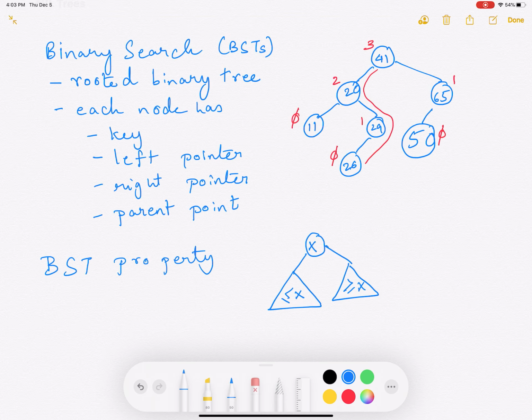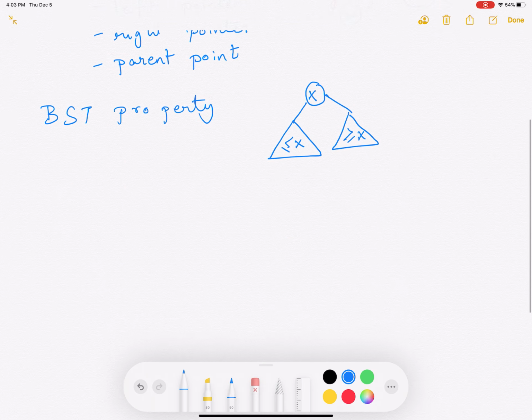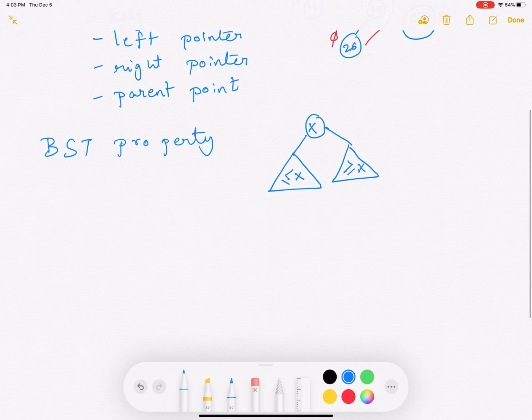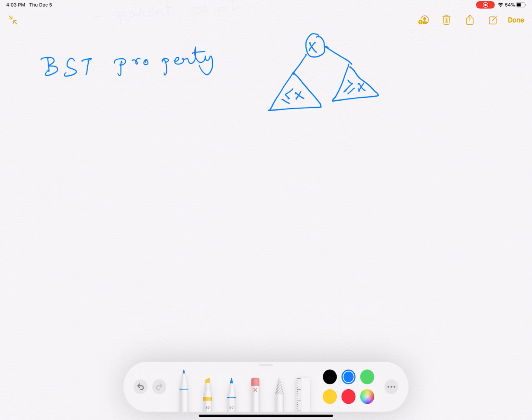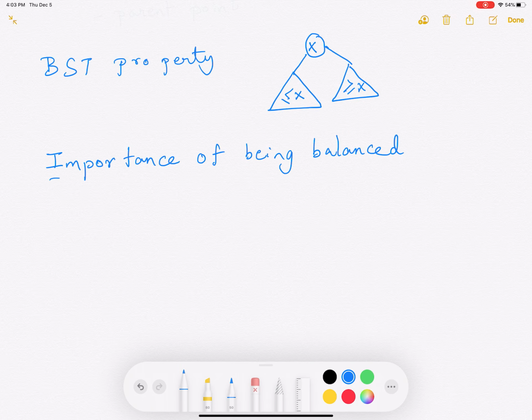In a binary search tree, one of the biggest issues that can occur is that the tree may not be balanced. It is very important that a tree be balanced. The importance of being balanced is needed for us to understand why we need to study AVL trees. Why do we want the tree to be balanced?